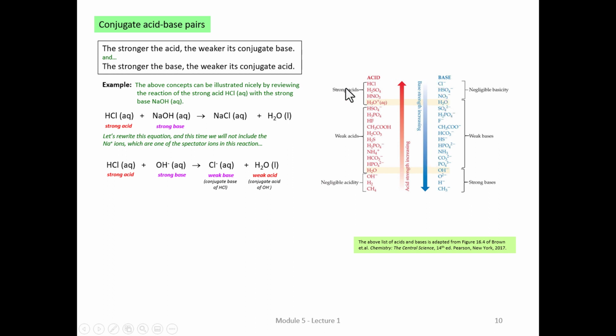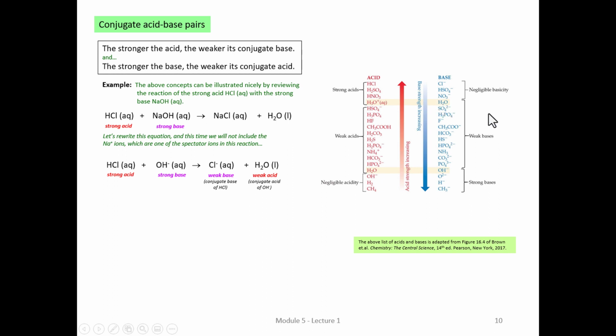Let's look at this chart just a little bit more here. This chart is lined up so that an acid is across from its conjugate base. Or if you want to think about it the other way, the base is across from its conjugate acid. So every single one of these conjugate acid-base pairs is listed here. Hydronium ion is the acid, its conjugate base would be water.